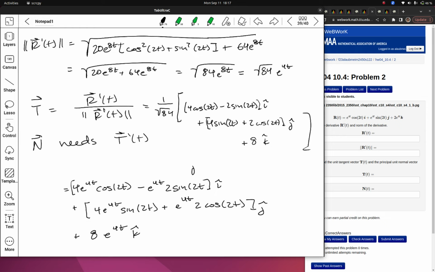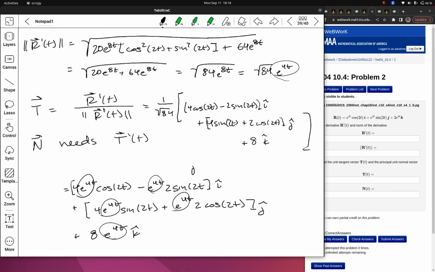over the magnitude of r. So here I had just copy pasted what r prime was before. Sorry, down here. And then you would divide it by this magnitude right here. And I just wanted to sort of note that there's this e to the 4t in every single term. So dividing by your magnitude cancels that out when you divide by this e to the 4t down here.